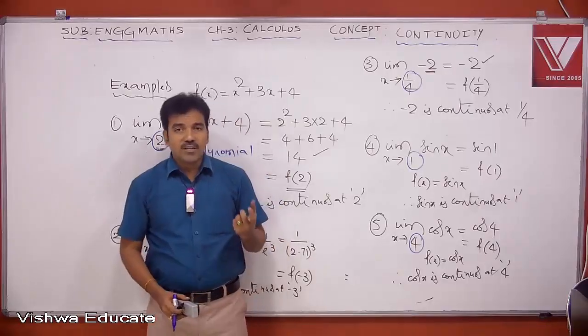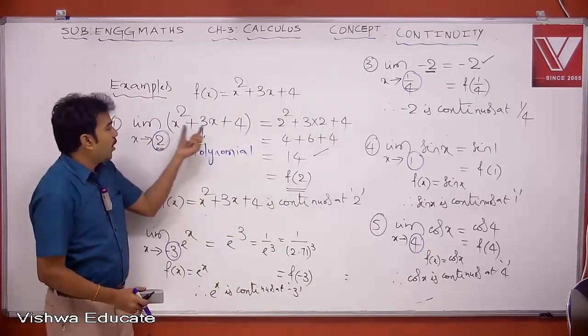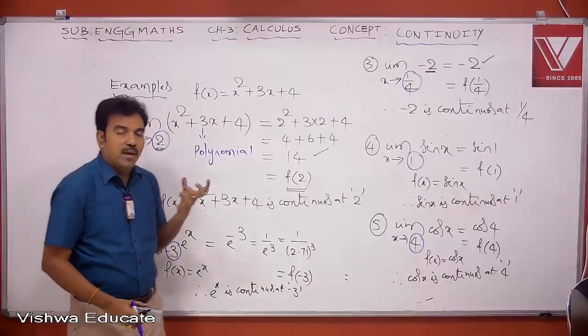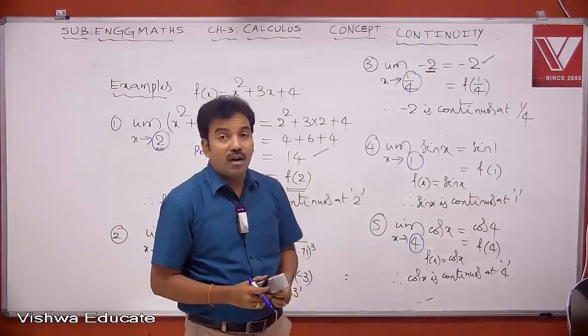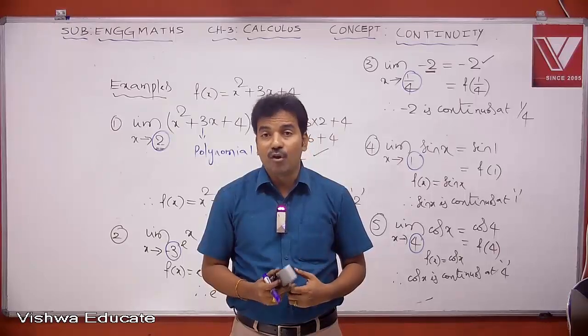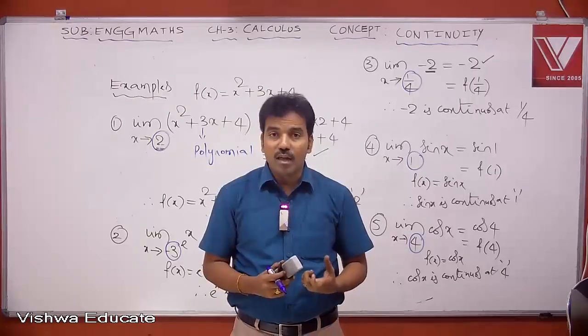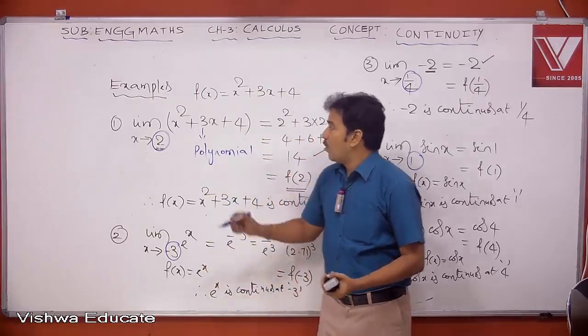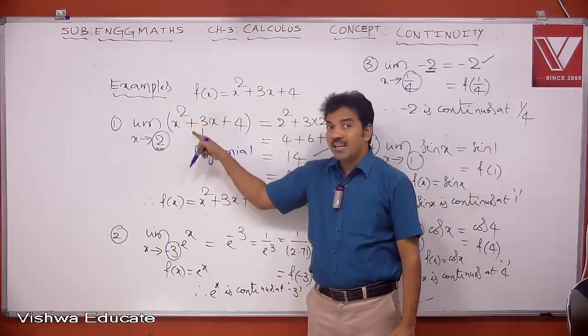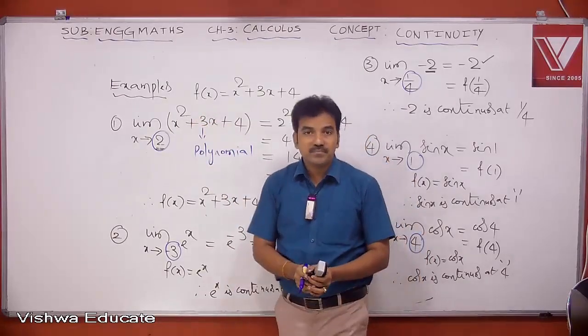Okay. So what is the first example? It is a polynomial expression. As we all know, an expression containing positive integral powers of the variable x followed by some constants is called a polynomial expression. Now here the highest power of x is 2, so it is a second degree polynomial expression.